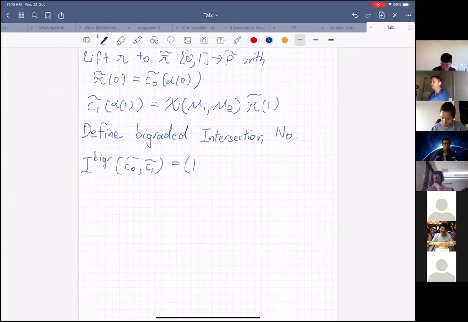So you can compare this formula to the formula I gave you just now.